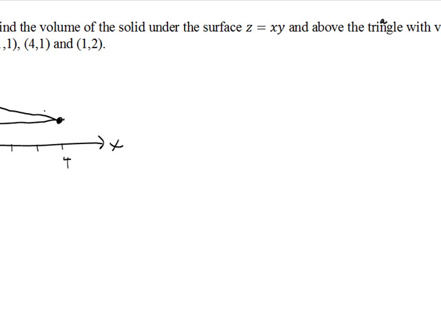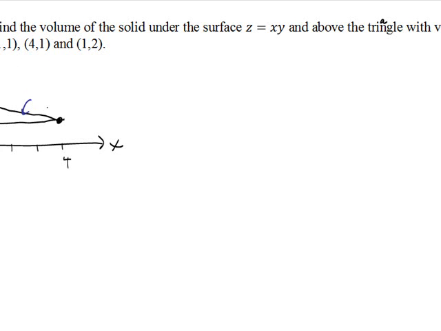That is your R. Do you want it to be vertically or horizontally simple? Does it matter? It doesn't matter. They're both going to be the same. So you can take horizontal, you can take vertical. But what we should do before we do that, we need to find the equation of this line.